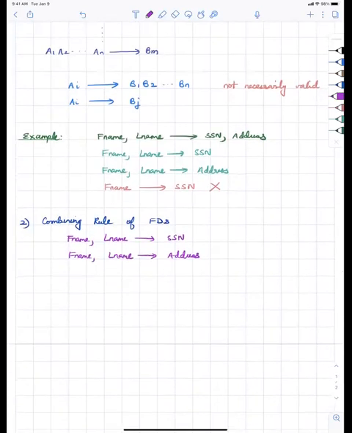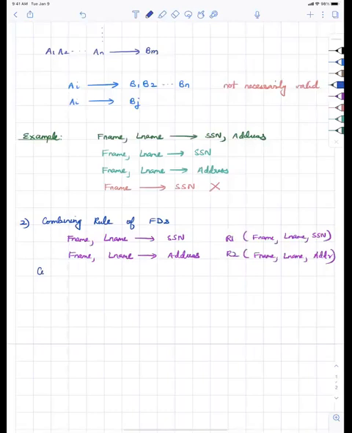So we have R1 and R2, and the combining rule just states that you combine into a single table, which has first name, last name, SSN, and address.